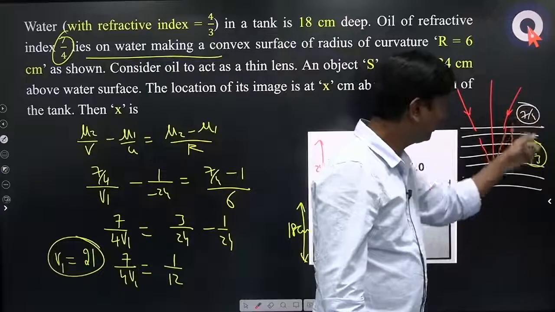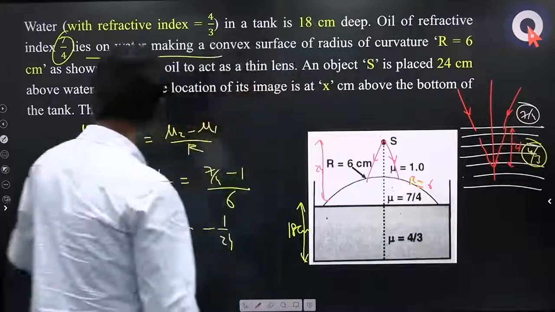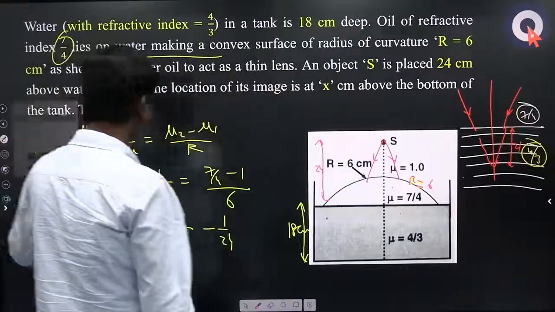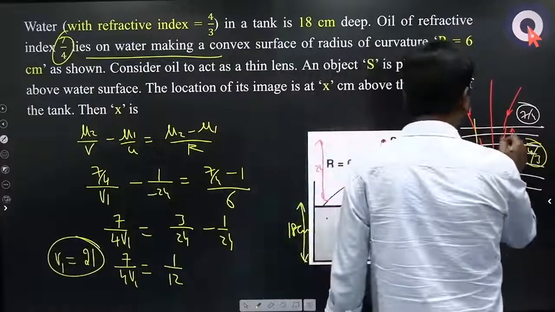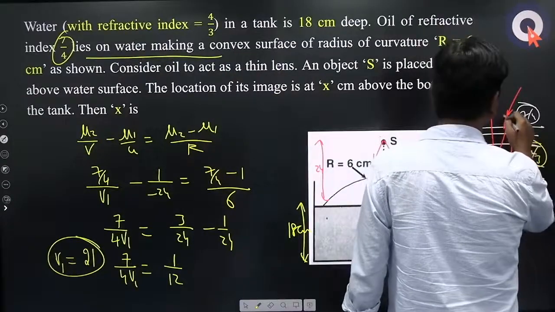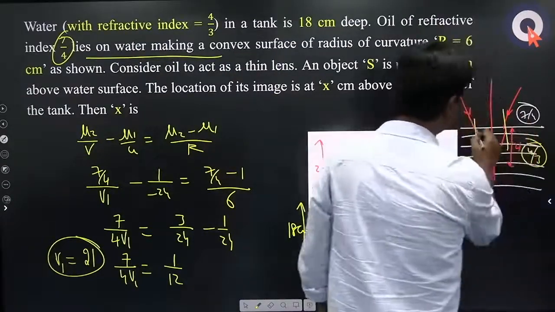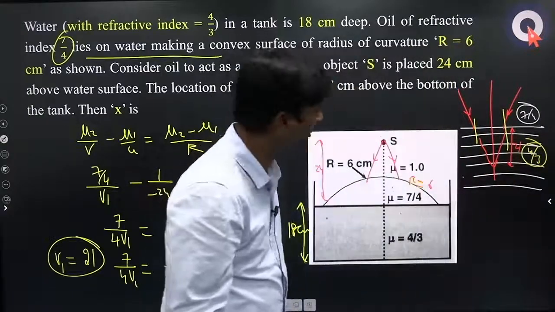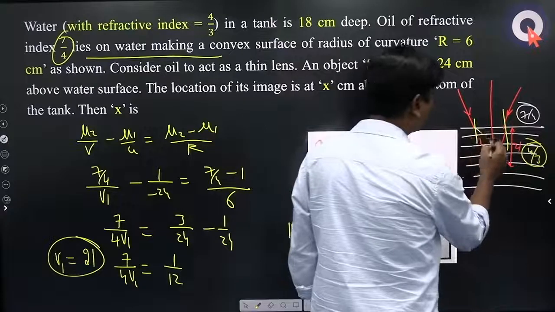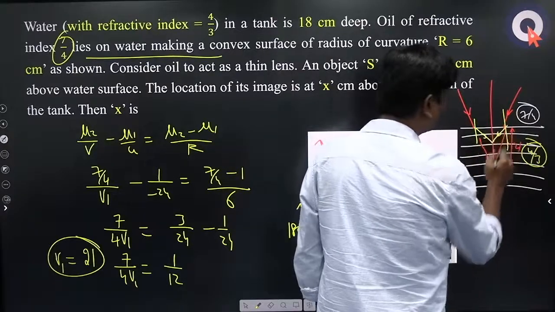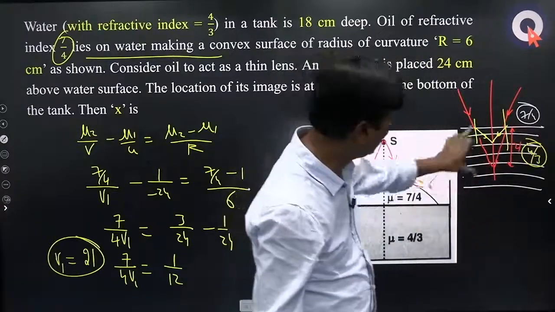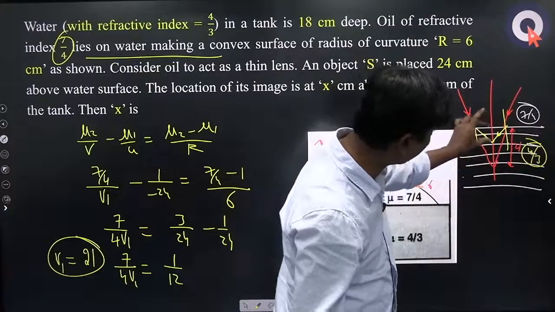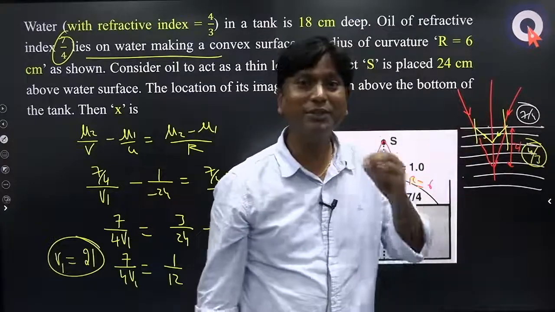Like denser to rarer, so they'll move away from the normal. So put the normals here and here. Instead of converging here, they'll be bending away from the normal. So actually they'll bend like this, less. The real distance will be 21, but this is the apparent distance you have to find, which is less.